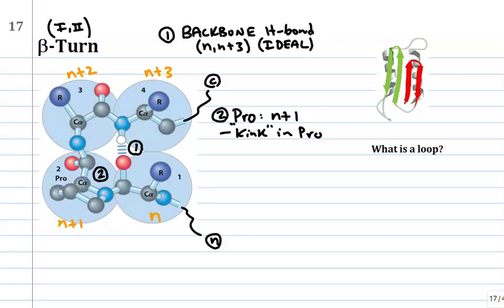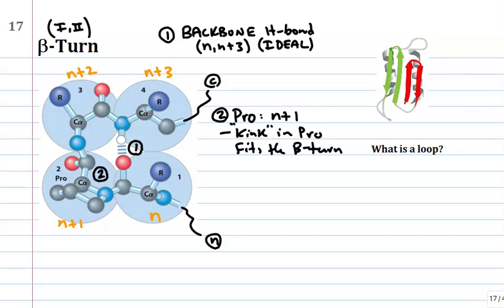Proline has a cyclic side chain, and that affects the backbone, and it causes a kink in the backbone, and this kink fits the beta turn. It does not fit the alpha helix, so it promotes a turn, not a coil. All right. Same thing with the backbone hydrogen bonding. If you have N+3 backbone hydrogen bonding, that promotes the turn, not a coil. We are turning, not coiling. That's a very important distinction.